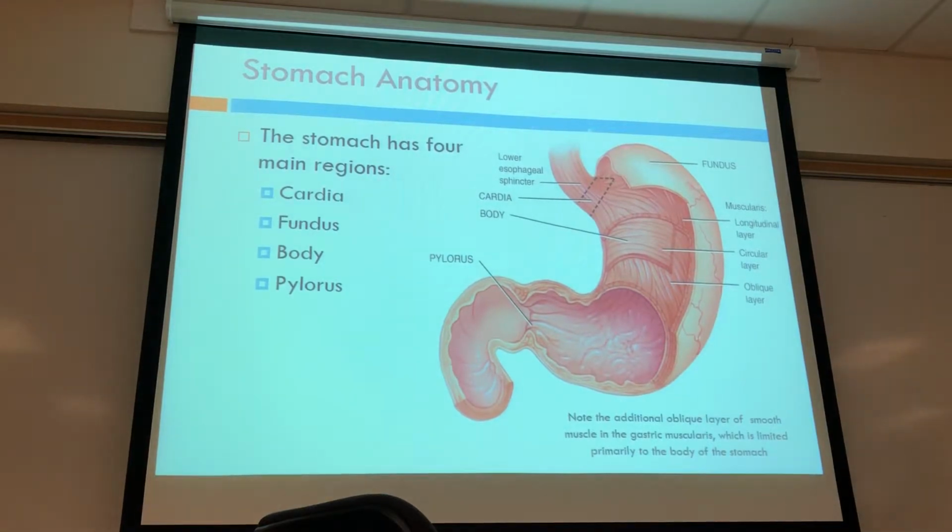As the stomach starts to fill up with chyme, you'll see most of it is within the pylorus itself. I've got slides of that at the very end of the stomach. I'll show you.